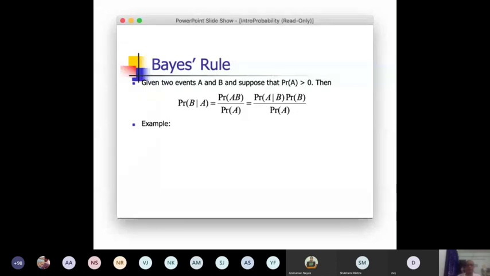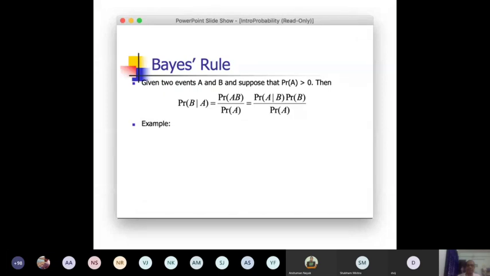This is the Bayes rule: probability of B given A is equal to the joint probability of A and B divided by probability of A. Also, you can expand the numerator as probability of A given B times probability of B, divided by probability of A. That form is more popular in the Bayes rule.